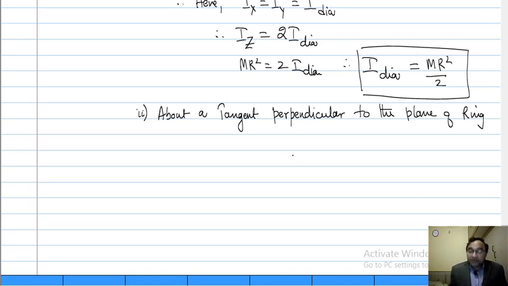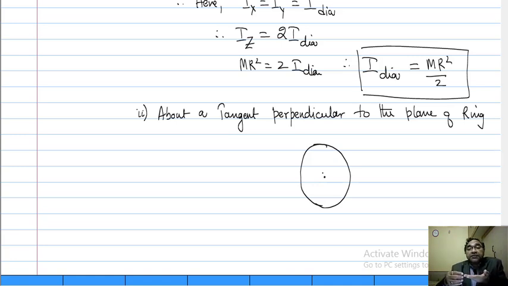So, how exactly does the figure look? Let us draw one circular ring. Now, it says the tangent is perpendicular to the plane of the ring. If you observe it this way, the ring in my hand is in one plane. Now the tangent is this way.